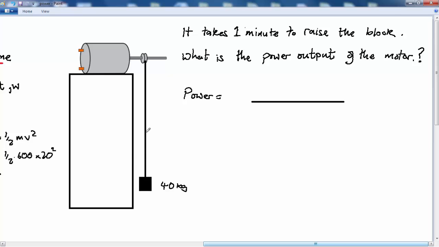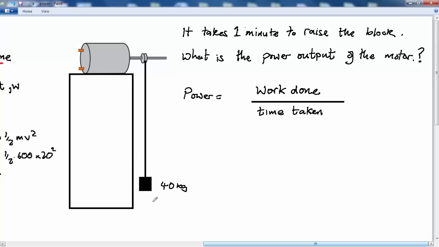Likewise, we might have another situation. Here we've got a motor which is lifting a block of 40 kilograms up the side of a building, and we might want to find out what is the power output of this motor if it takes exactly a minute for the motor to lift the block to the height of the building. We would say that the power is the energy transferred, that's the work done, divided by the time taken.